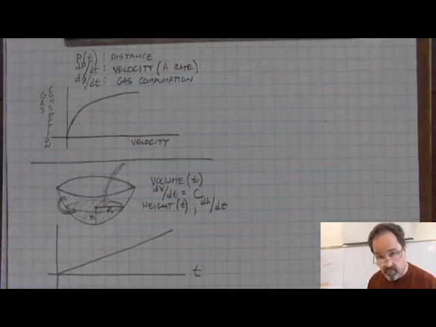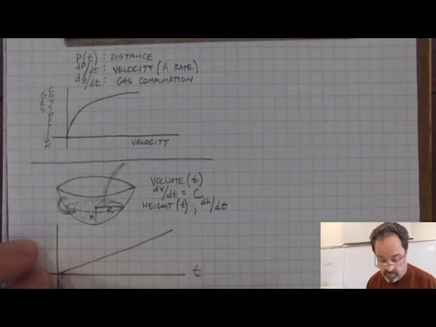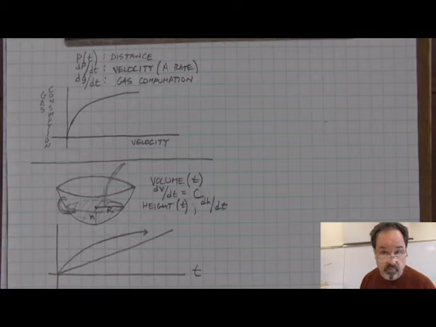So height is always going to increase, but the rate of change of height is going to go down. Height will increase quickly at first, always increase as long as tea is being poured in the cup, but the rate of increase is going to slow down. So it's modeled with a function like this. Looks similar to a radical or a root.